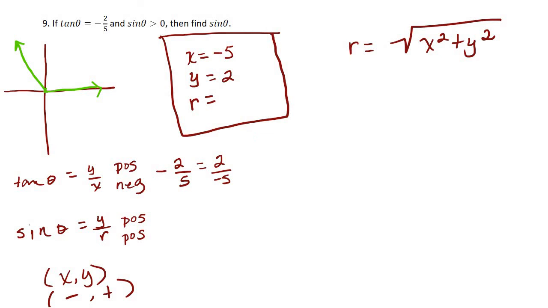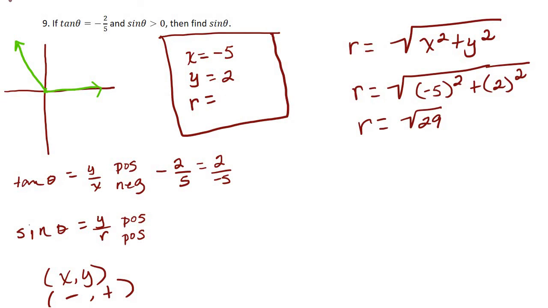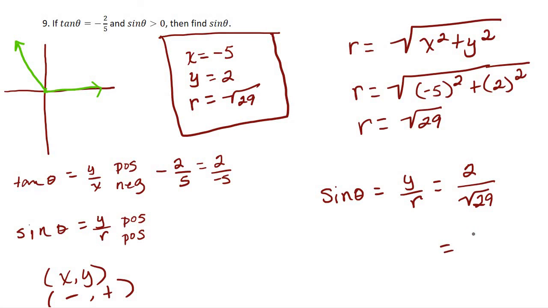I'm going to plug in what I know. So r is the square root of 29. I'm asked to find sine theta. Sine theta is y over r. I figured out that y is 2, r is the square root of 29. So I need to rationalize my denominator. I get 2 times the square root of 29 over 29.